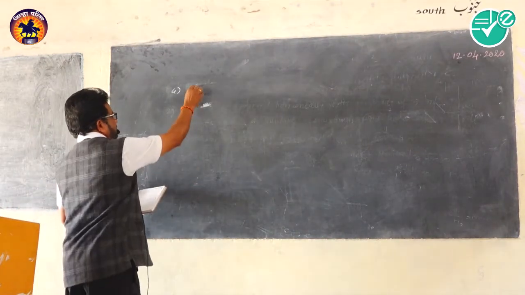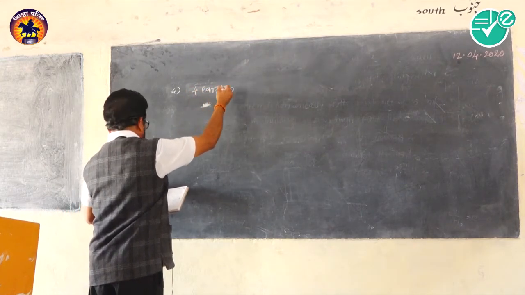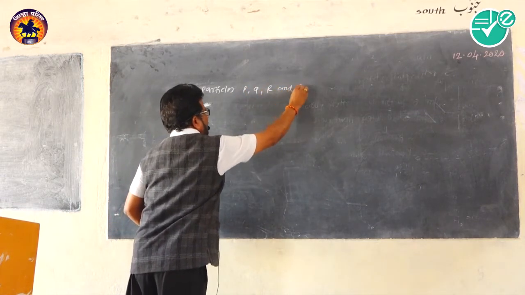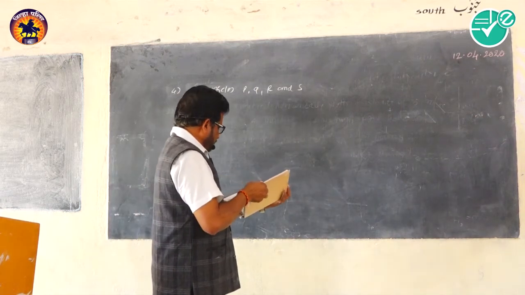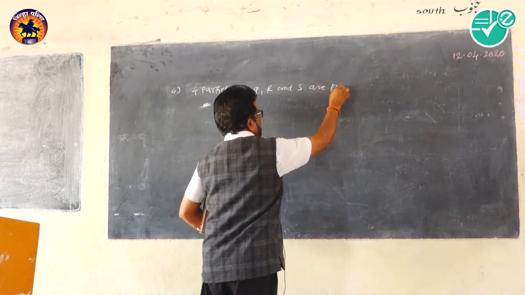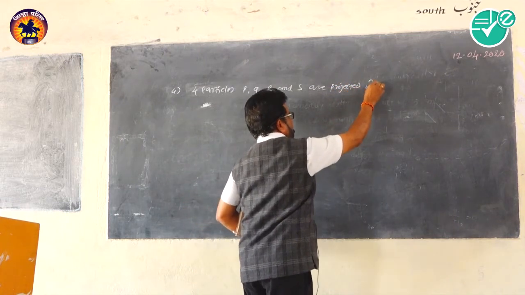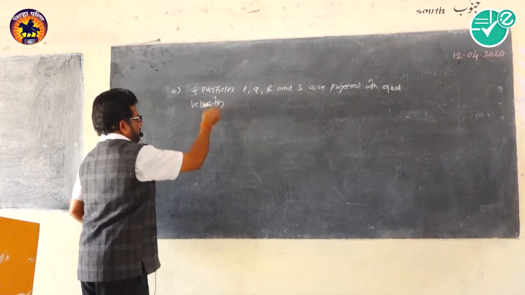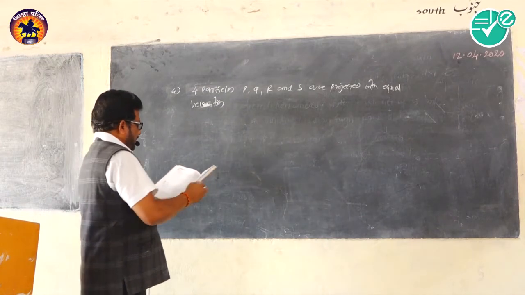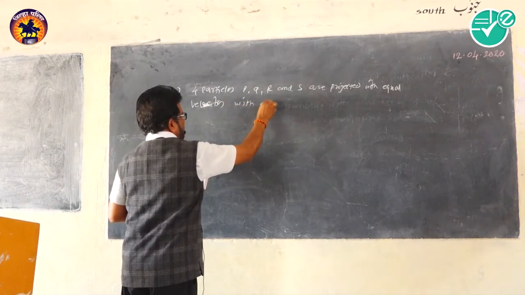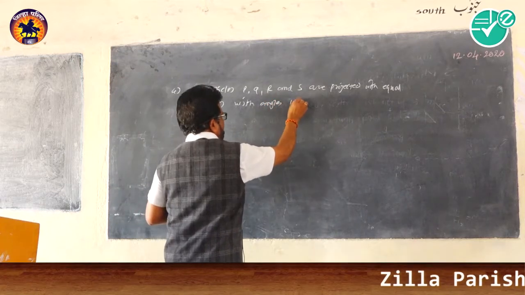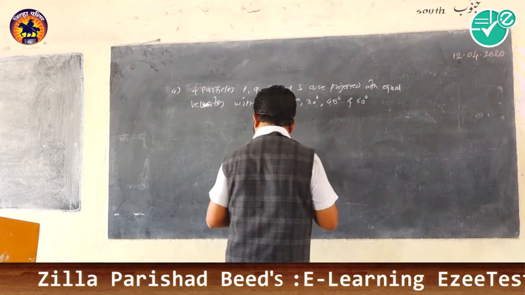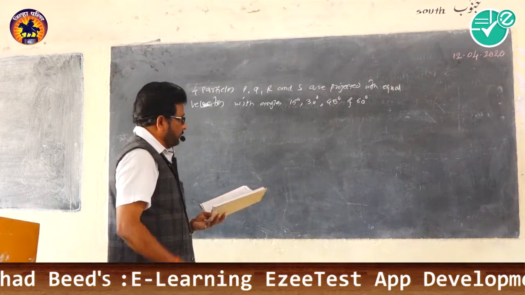Four particles P, Q, R and S are projected with equal velocities with angles 15 degree, 30 degree, 45 degree and 60 degree with the horizontal.